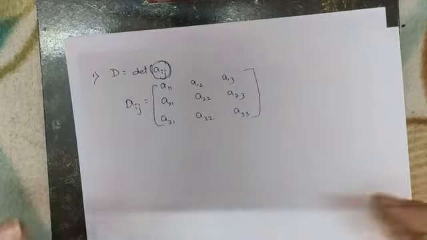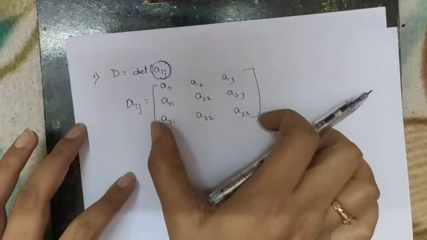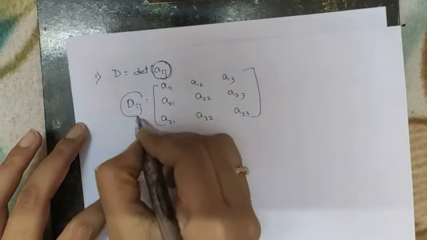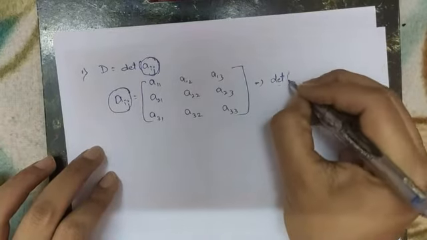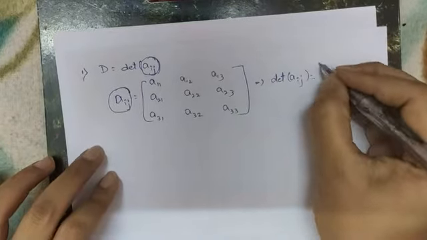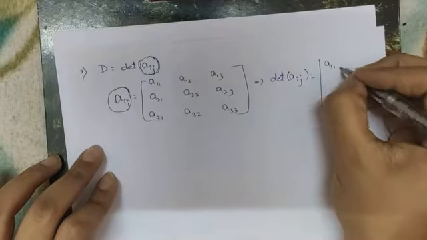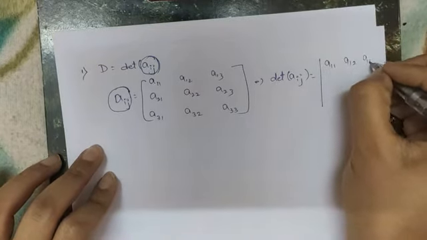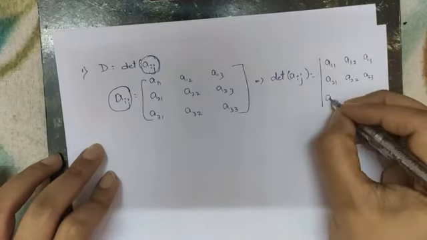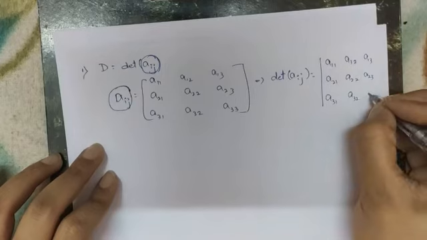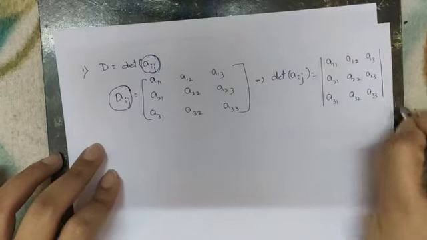This is some 3 cross 3 matrix and I'm denoting it as Aij. So if I want to find the determinant of Aij, it is as simple as this, right? Determinant of A11, A12, A13, A21, A22, A23, A31, A32, A33.